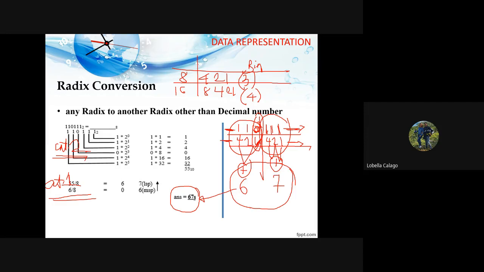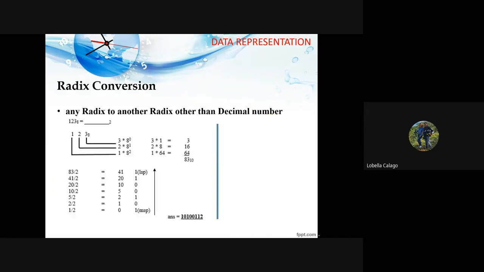Okay. How about if the given is 8 and hinahanap si base 2? So, ito lang, opposite lang. From here, i-divide isa-isa, then hanapin si 4, 2, 1, then do this one. Okay, paano yan? So, the shortcut is, example, 1, 2, 3.